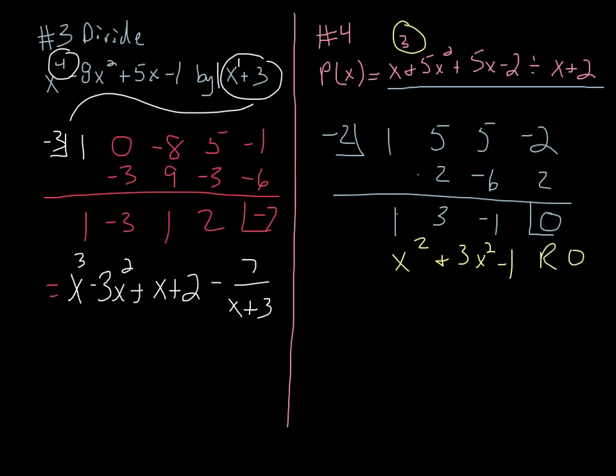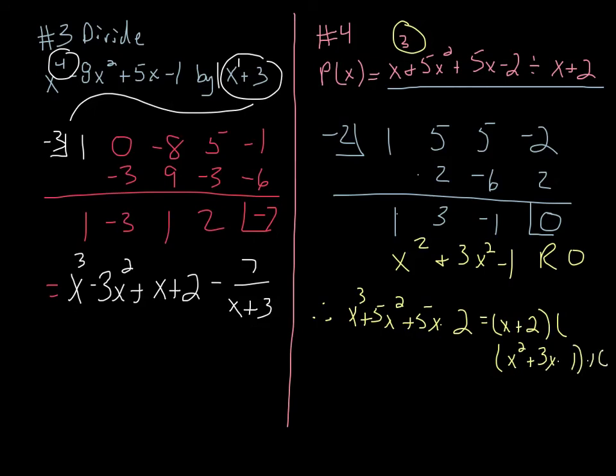Okay? Let's just put the whole picture together. Therefore, that means that x cubed, the original cubic polynomial we started with, is equal to what we divided by, the divisor, x plus 2, times the quotient, x squared plus 3x minus 1, plus 0, the remainder.